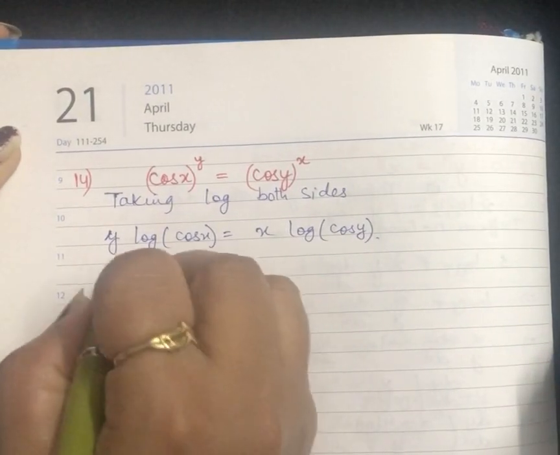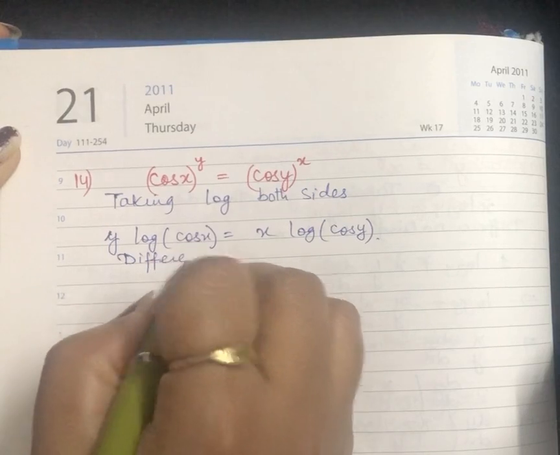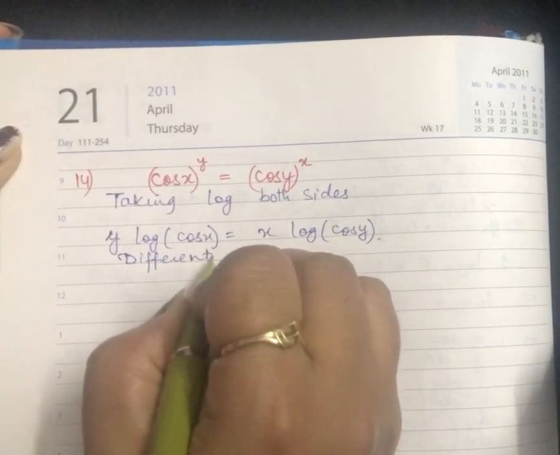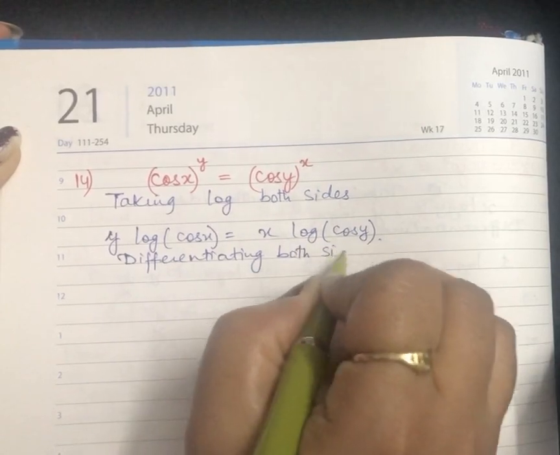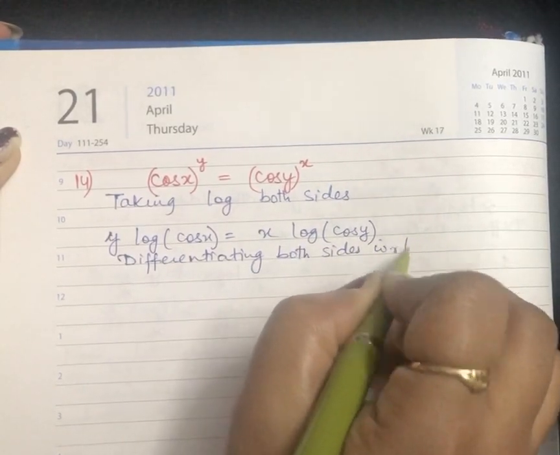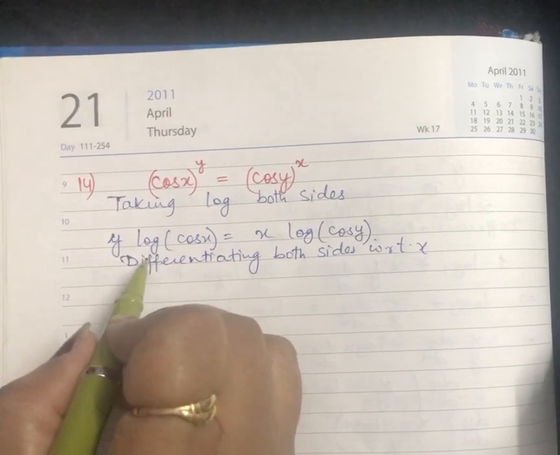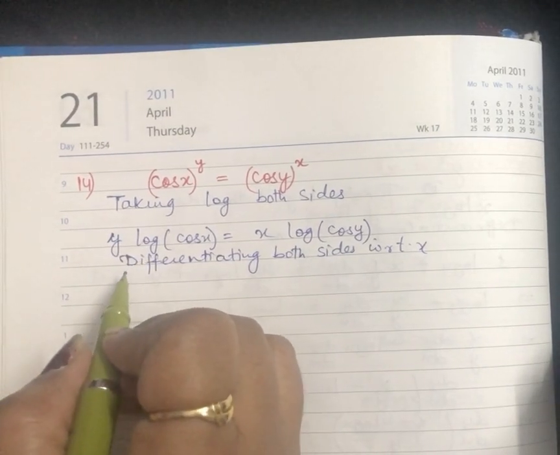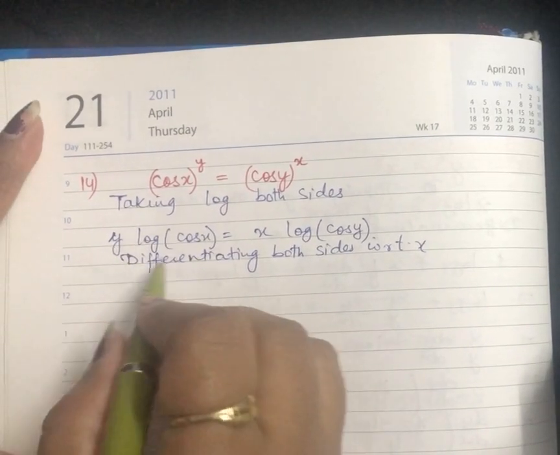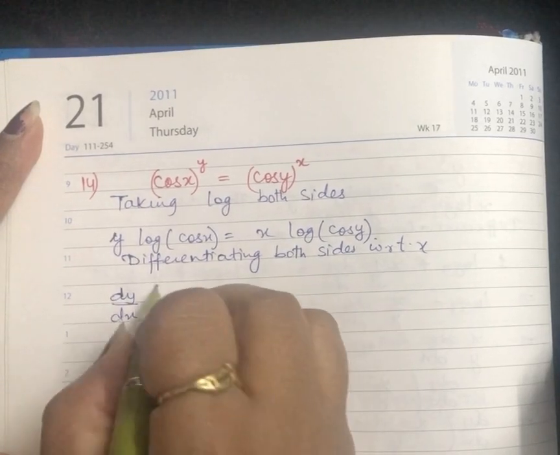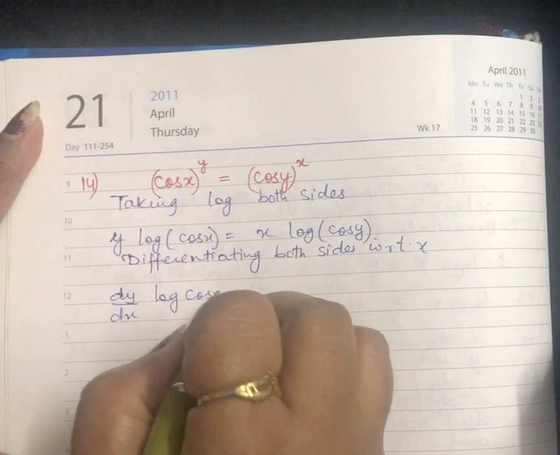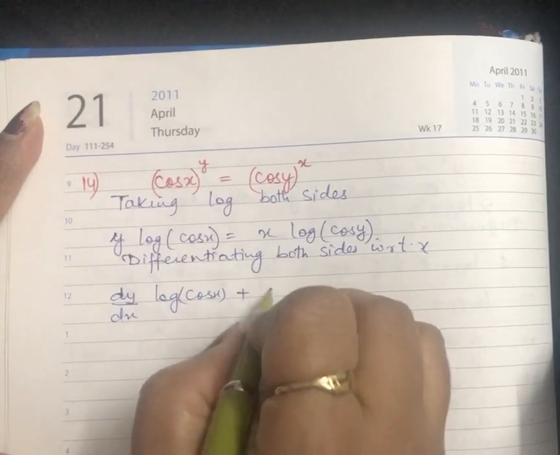Now differentiating both sides with respect to x. What we get? Now again applying product rule. So y, differentiation of y is dy by dx, log cos of x as it is, plus y as it is.